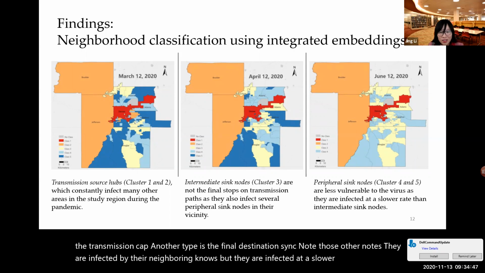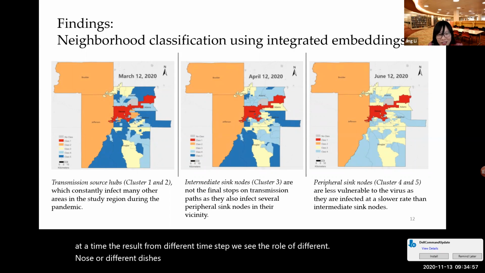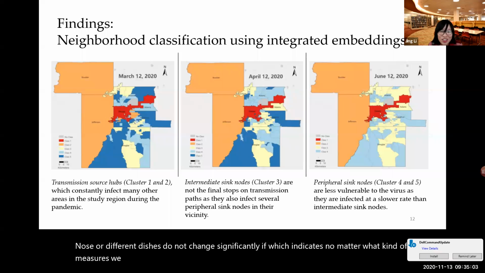When we look at the results from different time steps, we see the roles of different nodes or regions do not change significantly, which indicates that no matter what kind of measures we take, we cannot change the major role of those regions in the transmission chain.